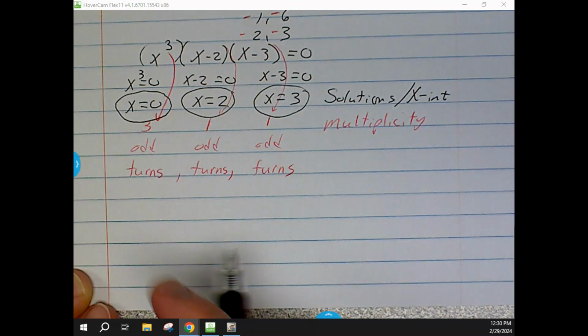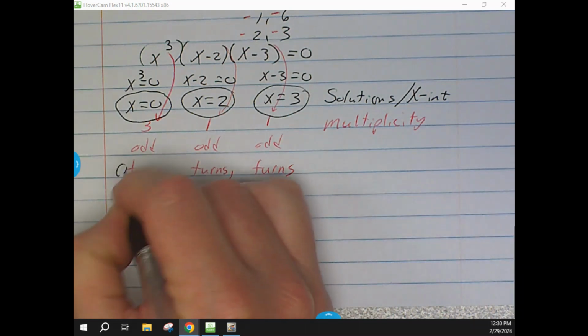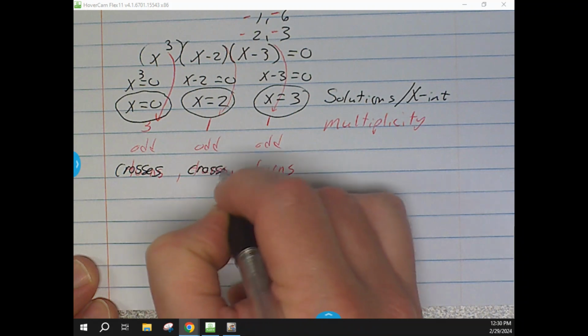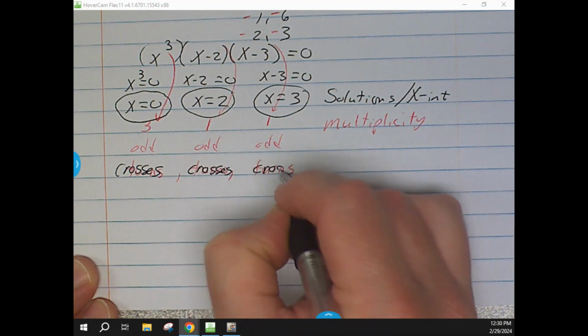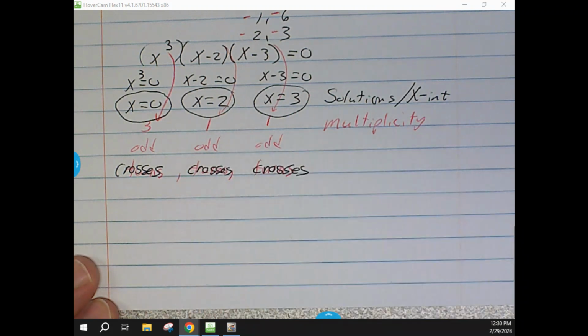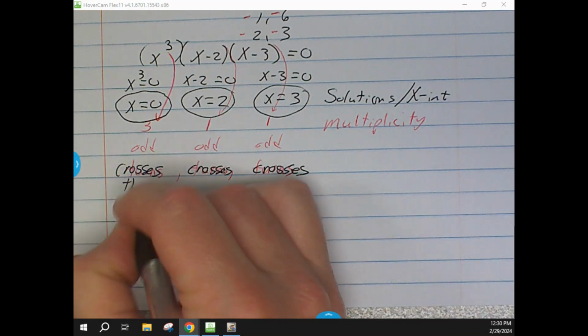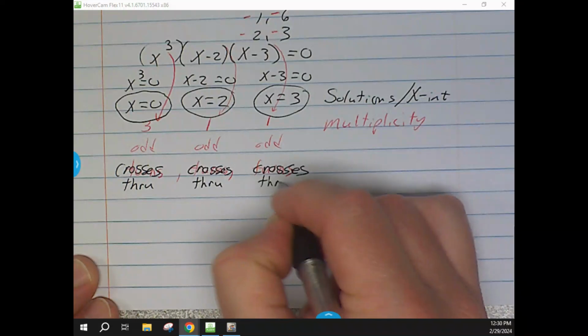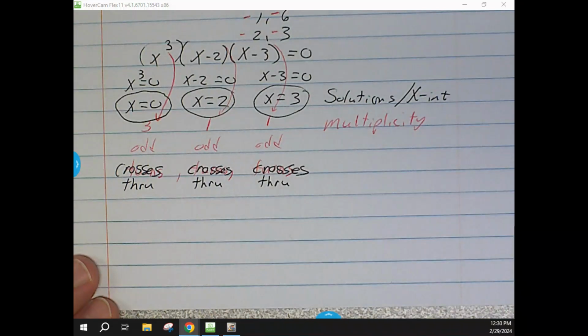Oh, wait. No, sorry. It doesn't turn around. It crosses through. My bad. Just thinking one thing, saying another. If it's odd, it crosses through. Doesn't turn around. So all those should be crosses through. Sorry about that. Even, it turns around. Odd, it crosses through.